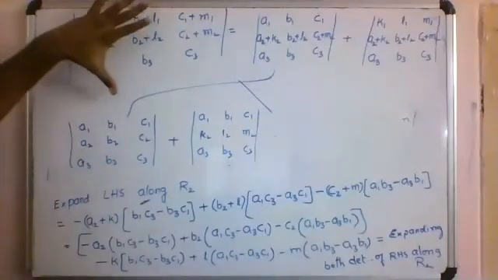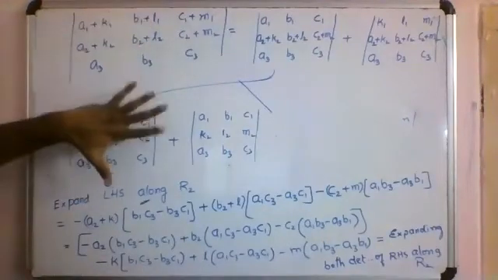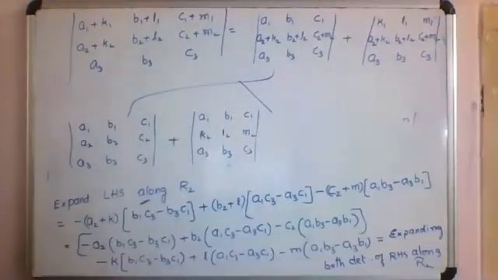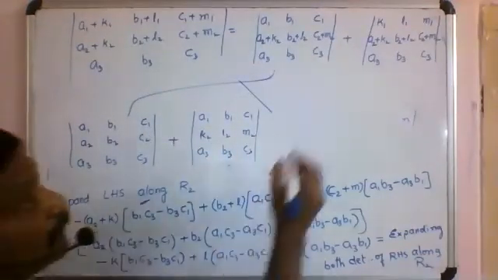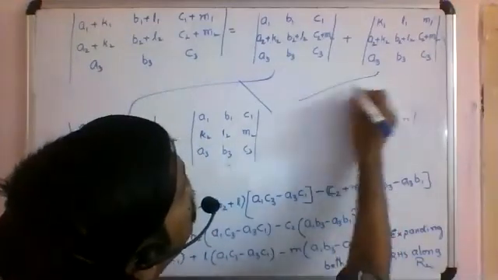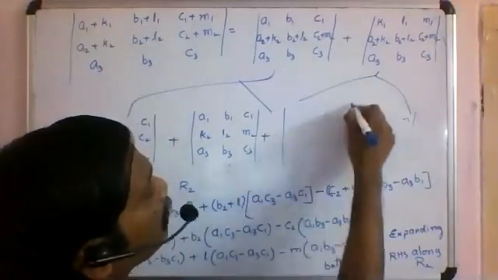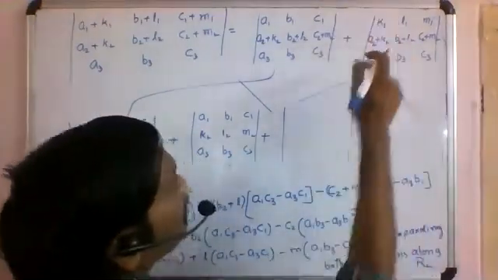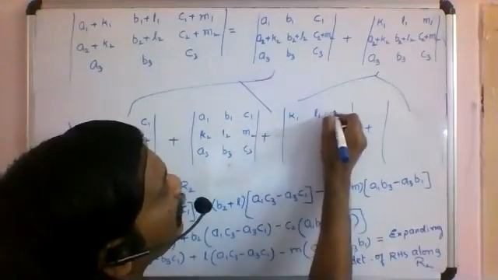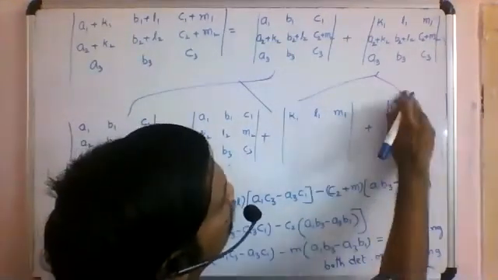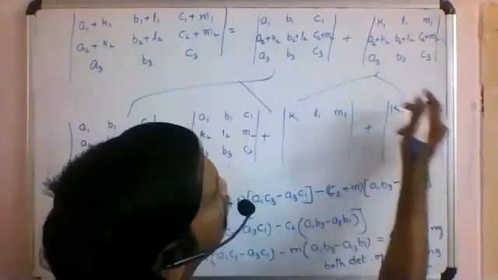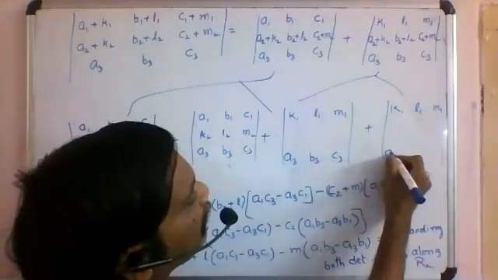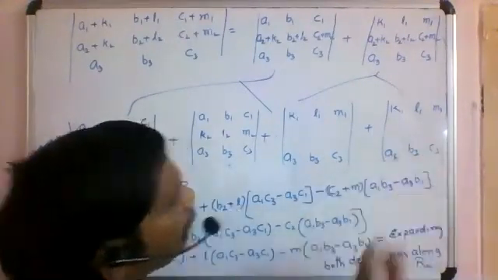So this determinant got split into 2, and for that also, we'll get again 2 more. So 4 determinants. Now this also will be split into 2. First and third row will remain as is, K1, L1, M1. Here also K1, L1, M1. Third also as it is, A3, B3, C3, A3, B3, C3.